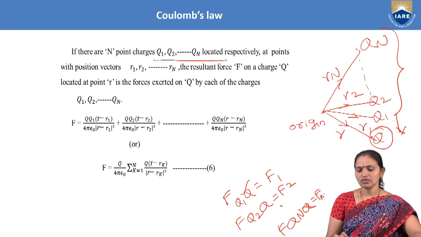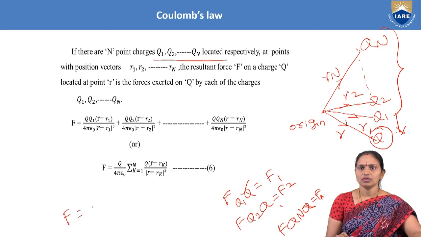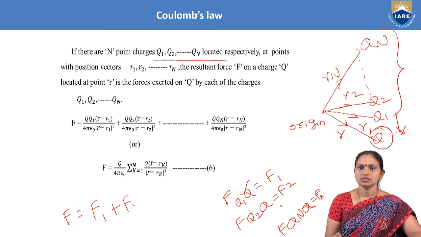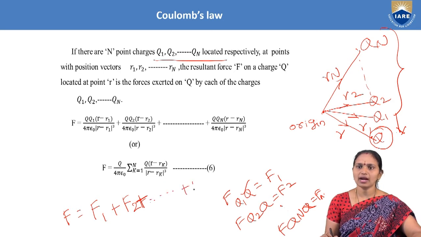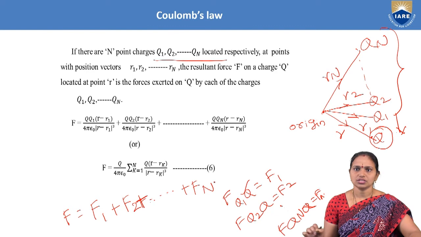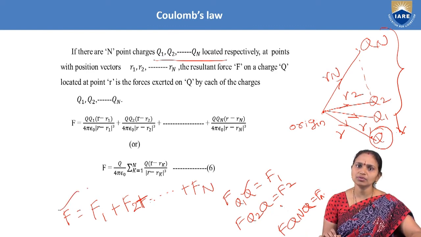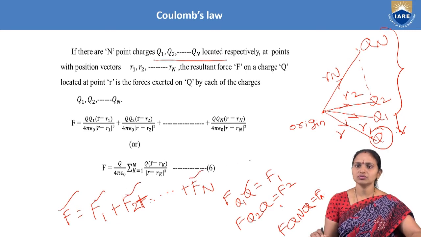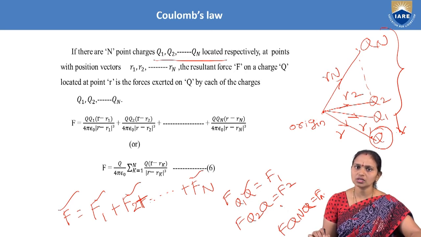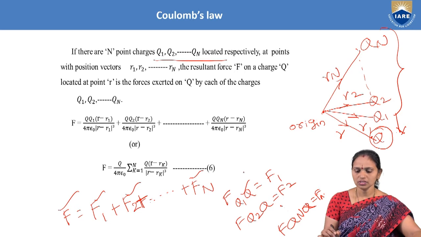To calculate the total force F, I apply the superposition principle. To get the total force, we have to add all the forces. Total force F is the total force on Q due to multiple charges, and F1, F2, F3 are the individual forces due to Q1, Q2 up to Qn on Q.